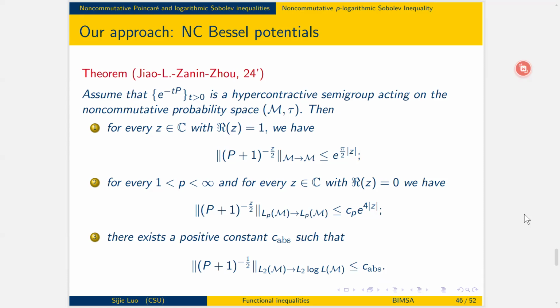This one is the Bessel potential, and this one you can see as the Riesz potential. The final thing we would like to know is this one, but we proved the result for that one. So finally, we conjecture whether hypercontractivity already implies the equivalence of these two.